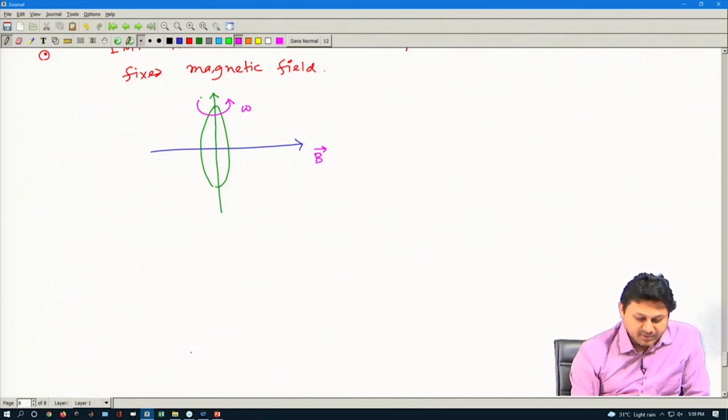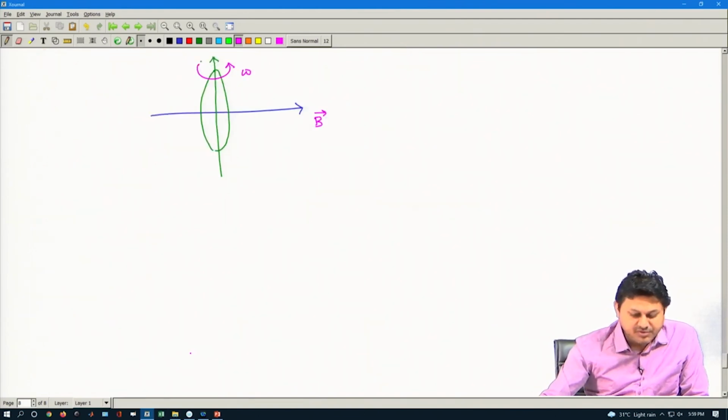So, when it is rotating, there is a constant change of the area, which leads to a constant change of the flux, and that is why EMF is going to be generated.